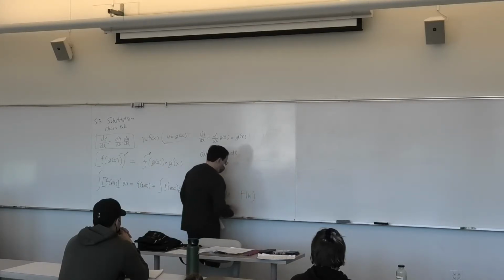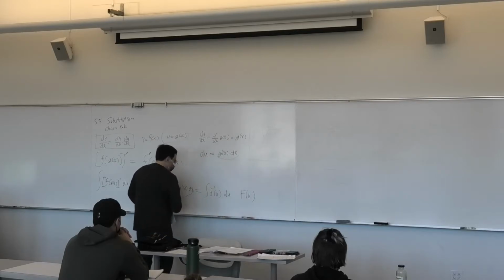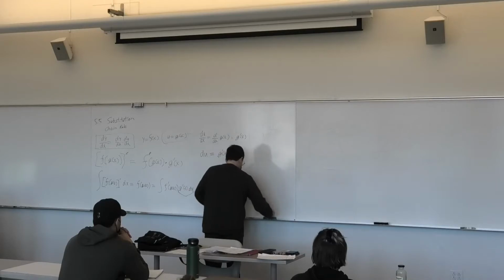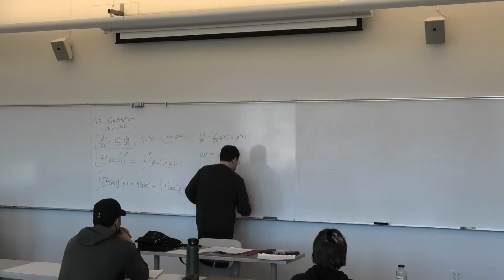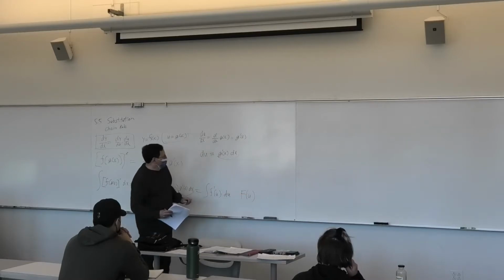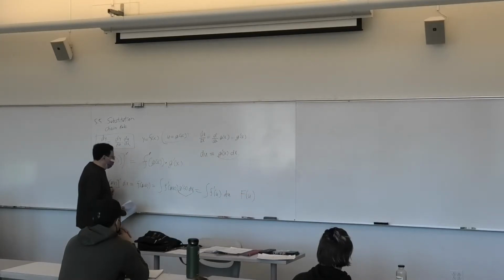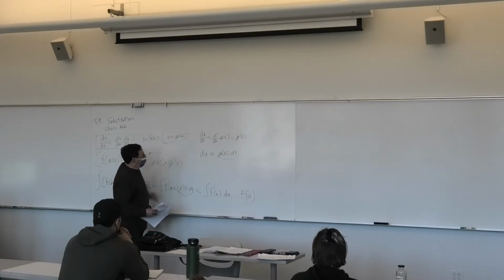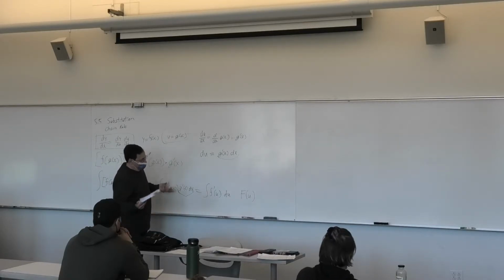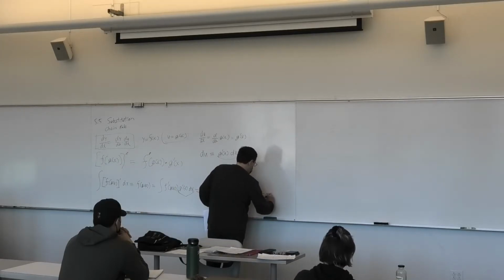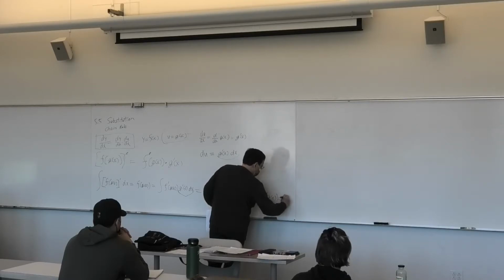We're going to have some antiderivative in terms of u, but we may not want it in terms of u. We may want it in terms of x, in which case we're going to have to go back and substitute back to get our f of g of x, which will be some other h of x.